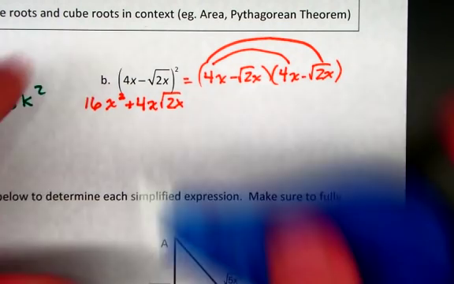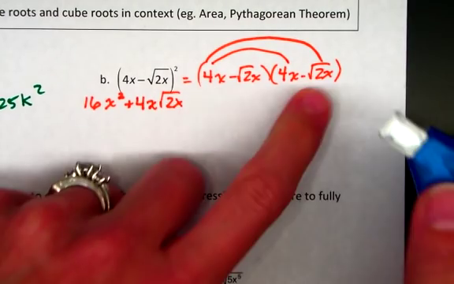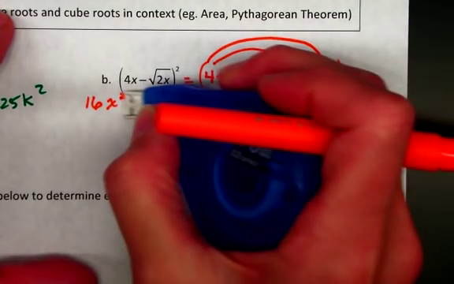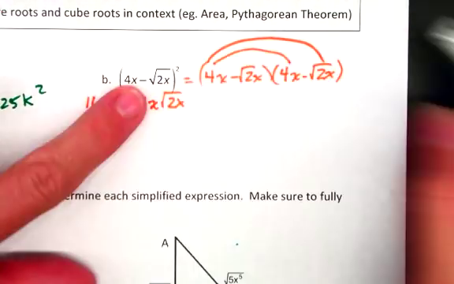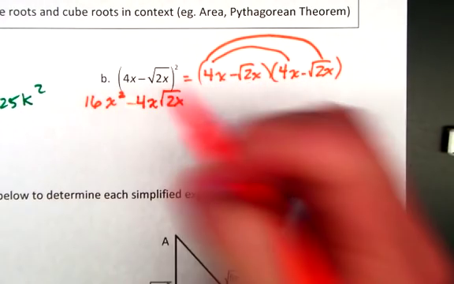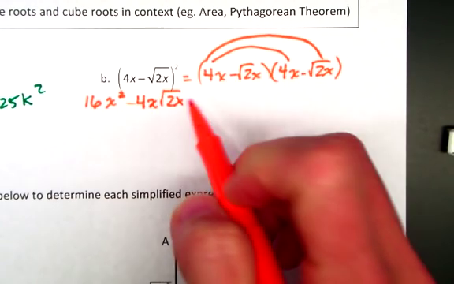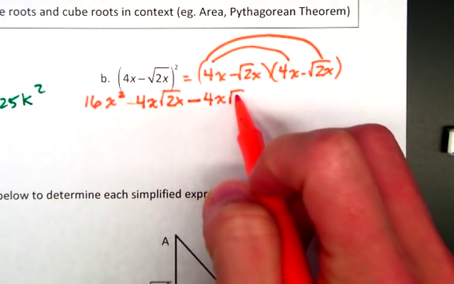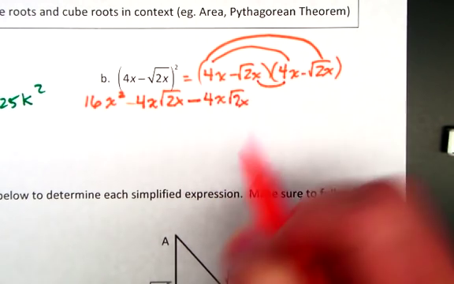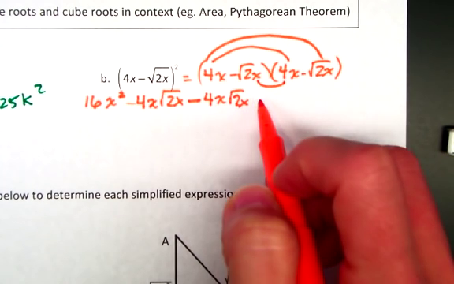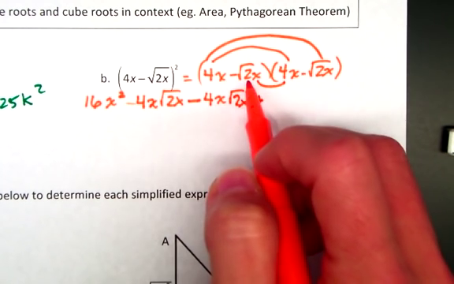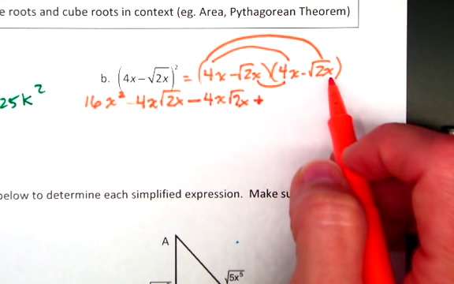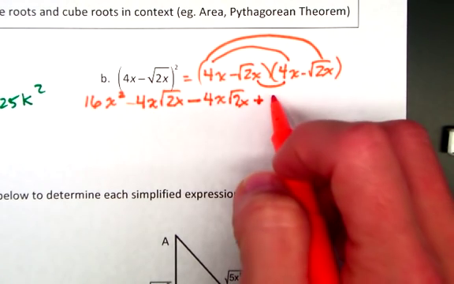Alright, so this should be negative here because I have a positive times a negative. And then we have a negative times a positive, so that's negative, and then 4x root 2x again. And then I have a negative times a negative, so that's positive, and root 2x times a root 2x is just going to be 2x.